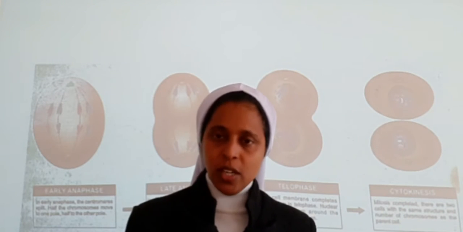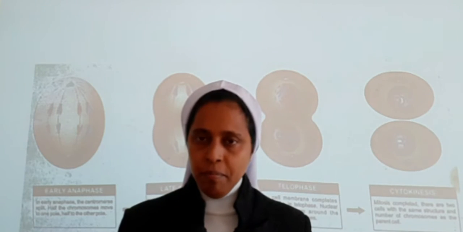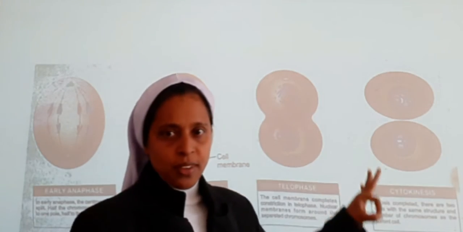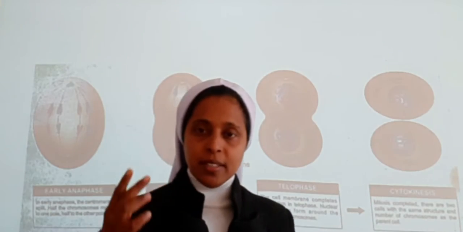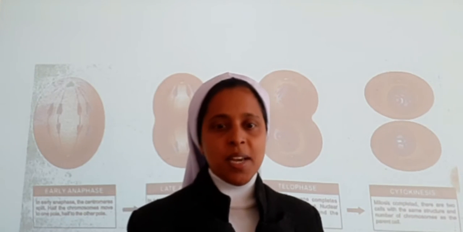The endoplasmic reticulum, Golgi complex and nuclear membrane, which had disappeared in the stage of prophase, start to form here. Just the opposite of prophase is taking place here.